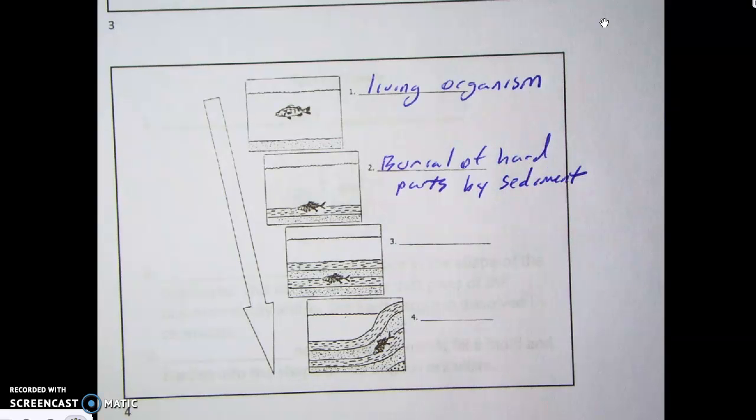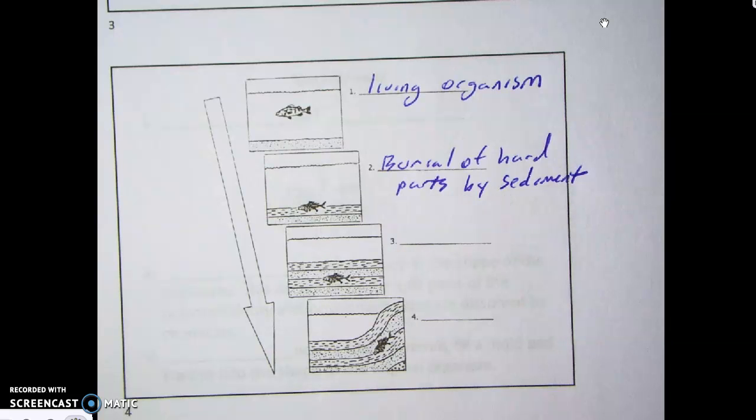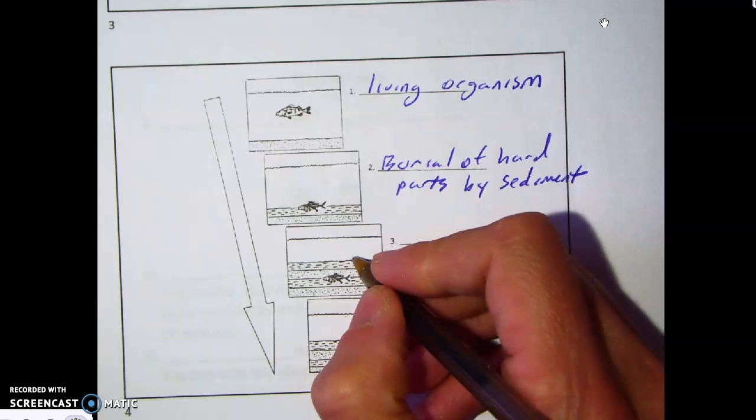Usually, the finer the sediment, the better the preservation. And we look at silts and clays. But we can get coarser sediments forming fossils too, like sandstones, things like that. Eventually, we have burial and compaction.